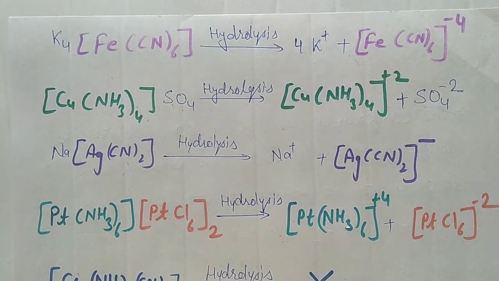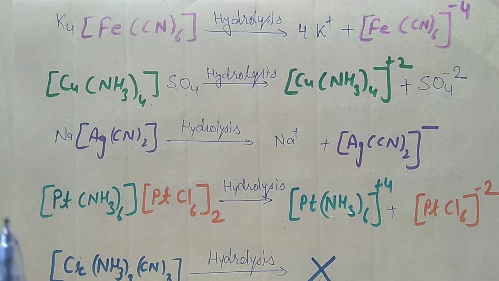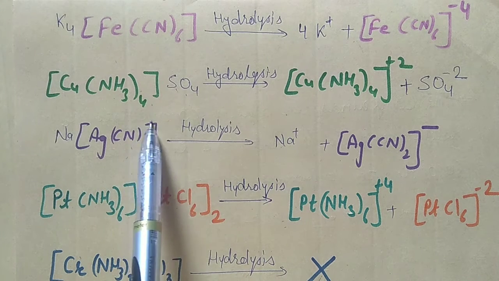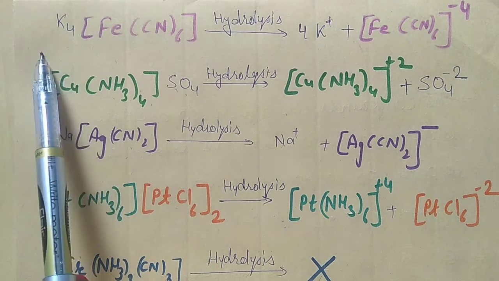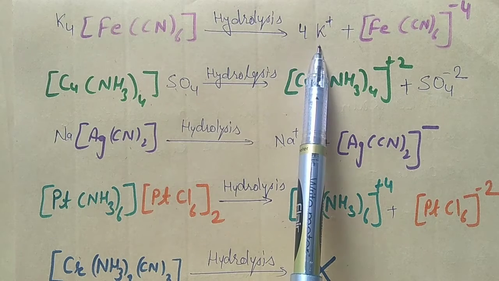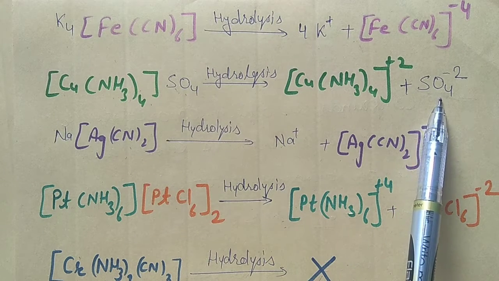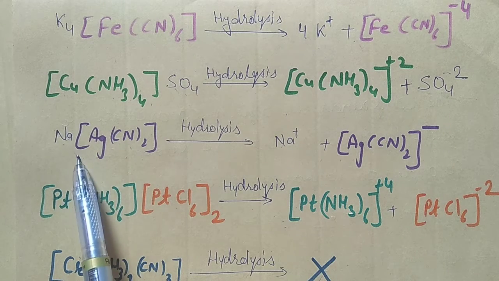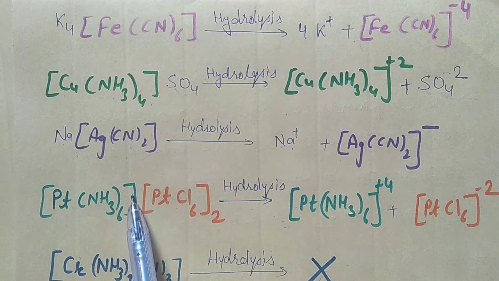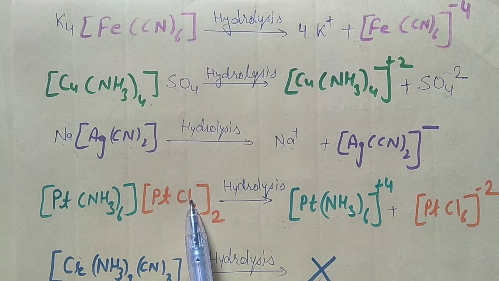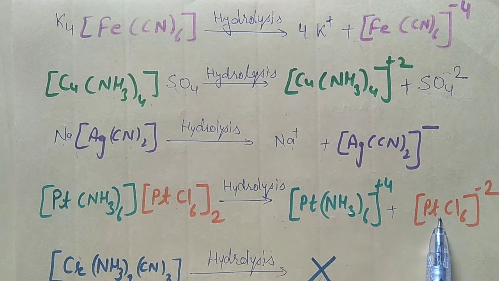See, observe carefully these hydrolysis reactions. Only ions which are outside the bracket are obtained. Here potassium is outside the bracket, we obtain K plus ions. Here SO4 is outside the bracket, we obtain SO4 minus 2 ions. Here sodium is outside the bracket, we obtain Na plus ion. Here this is outside the bracket, and this is outside the bracket, so both are obtained as different ions.